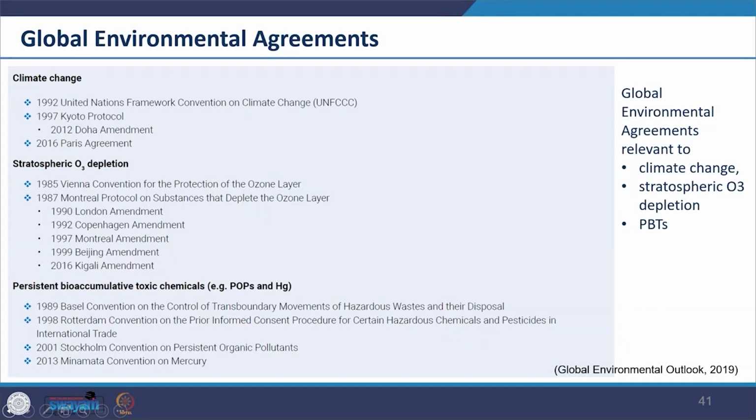Then you can see something related with ozone depletion, so you have Vienna Convention, Montreal, and then you can also see PBT chemicals. You have Basel Convention, Rotterdam, Stockholm, and Minamata Convention on mercury, which you see here in the list.